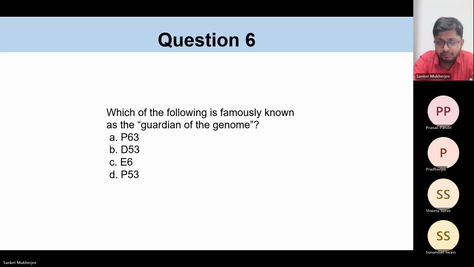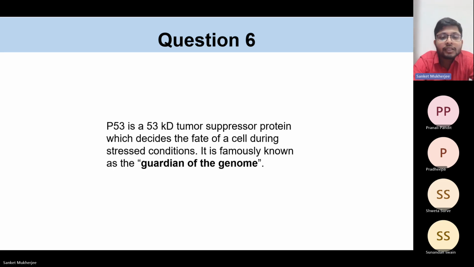In a lot of cancers, this gene is knocked out or knocked down, specifically in cancer cell lines. There are mutations to this P53 gene that make those cell lines oncogenic. It's a 53 kilodalton tumor suppressor protein which decides the fate of the cell during stress conditions, and that's why it's called the guardian of the genome.